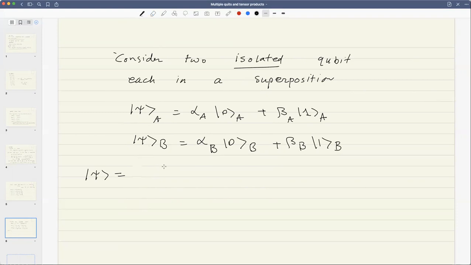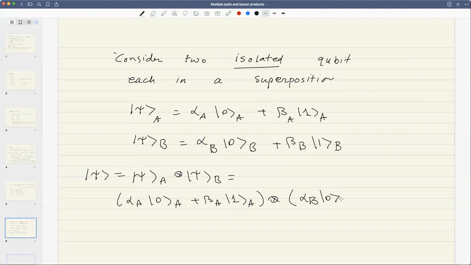So let me write that as psi of A tensor psi of B, which gives me alpha A 0A plus beta A 1A, tensor alpha B 0B plus beta B 1B.